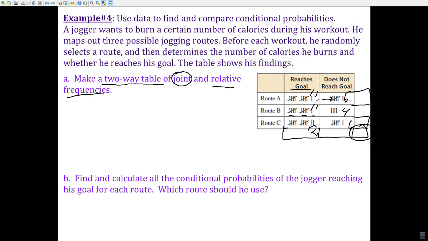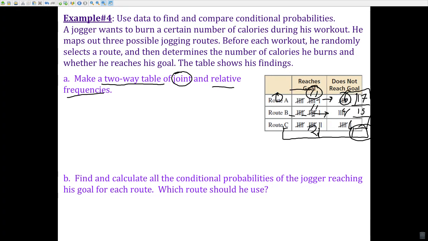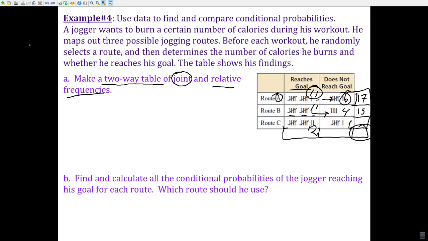How many times on route A did he run? 11 plus 6, 17. So he ran route A 17 times. Same thing here, he ran route B 15 times. And here, route C, you guessed it, 18 times.